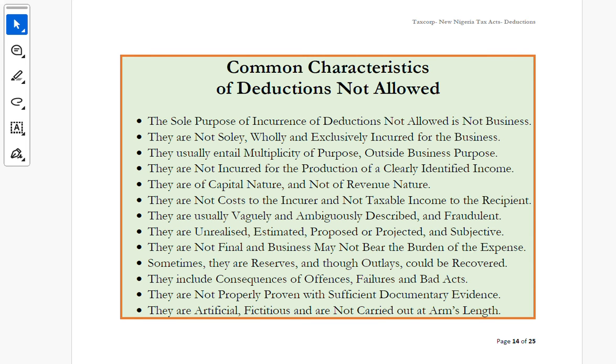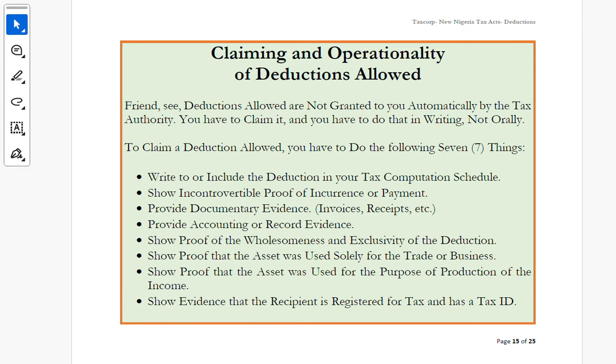They are not final and the business may not bear the burden of the expense. Sometimes they are reserved and though outlays could be recovered. They include consequences of offenses, failures, and bad acts like fines and penalties. They are not allowed. They are not properly proven with sufficient documentary evidence. They are artificial, fictitious, and are not carried out at arm's length.